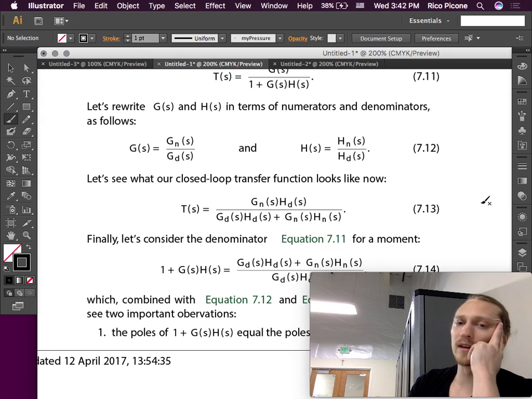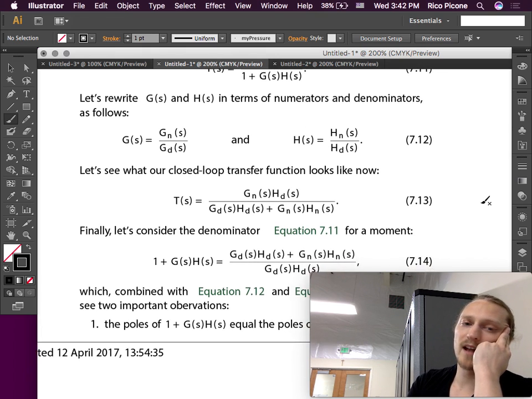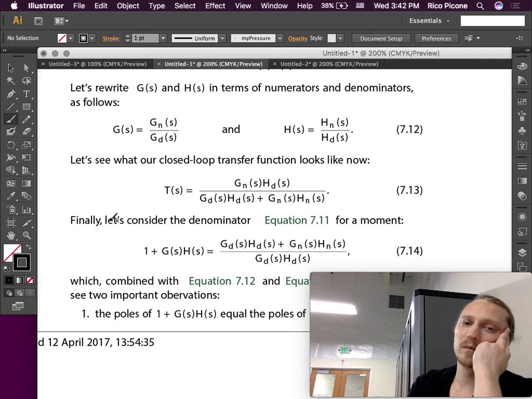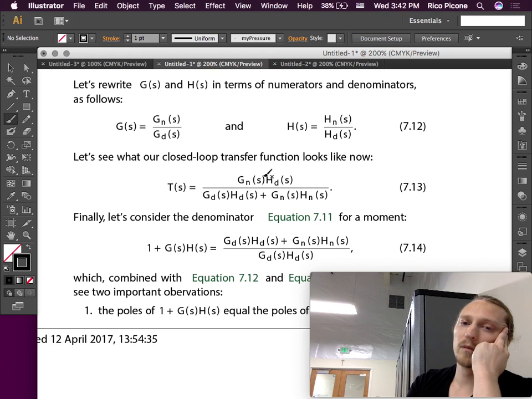If you combine those and move everything around, you see a few things happen. First of all, the poles of the closed loop transfer function come from both the denominator of GH and the numerator of GH.